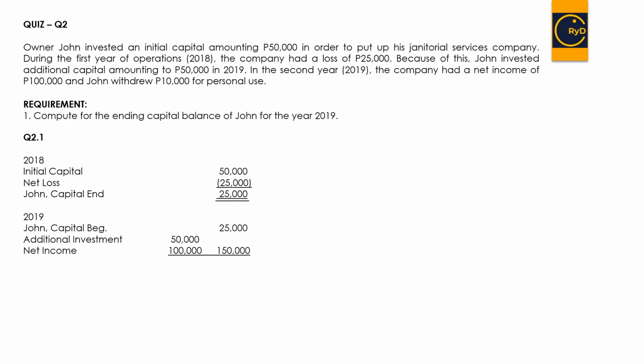Then we add that amount to our capital beginning. So we have a total of 175,000, and then we deduct the drawing of 10,000. So we have John's capital end balance at 165,000.